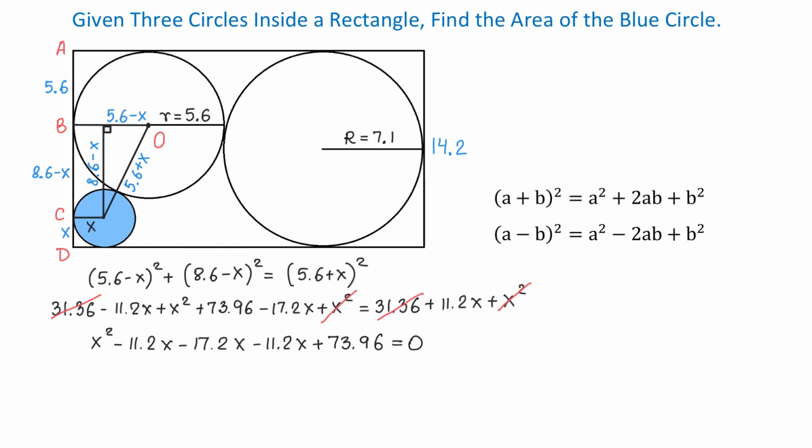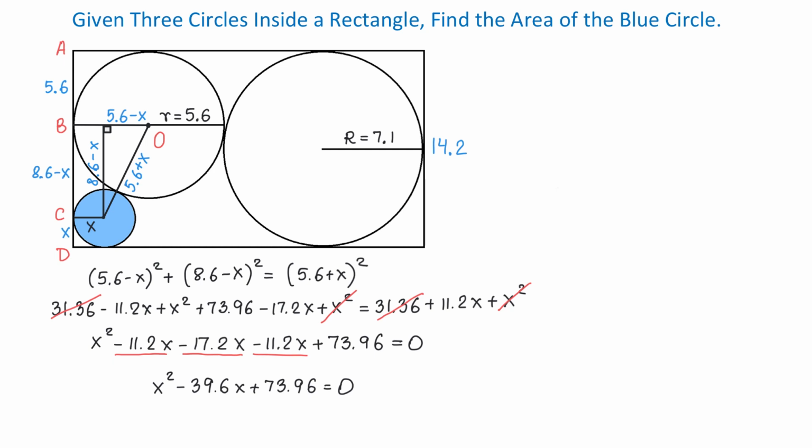On the left side, we will combine the three like terms and we will have x squared minus 39.6x plus 73.96 equals 0. Now, this is a quadratic equation and we will solve it using the quadratic formula.